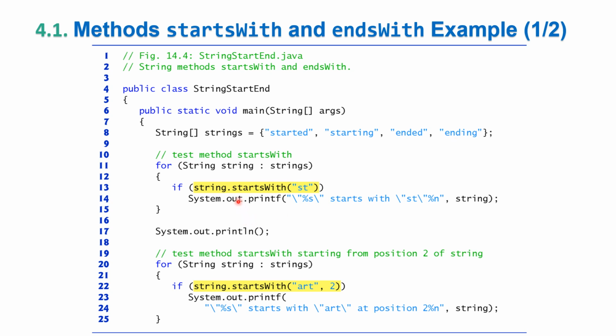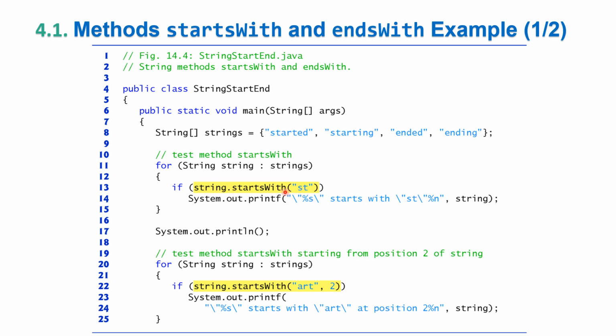Then the program has an enhanced for loop that goes through each element in the array strings and calls the startsWith method on each element with the string literal st as the argument.